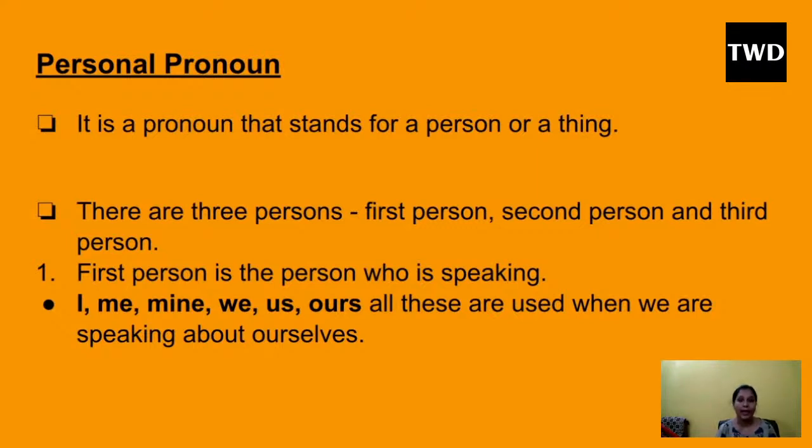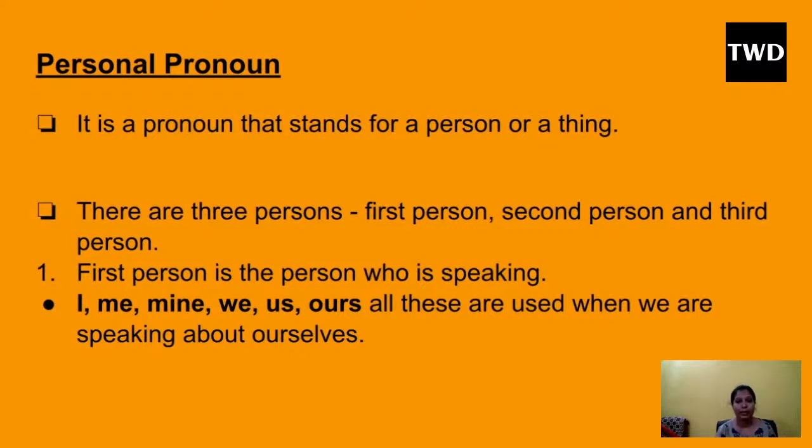Here I am speaking. So, whenever I'm talking about myself, I'll be using words which let you know that I'm speaking about myself. I am speaking. I am taking your class. Can you give a reply to me? Can you reply to me whether you are understanding or not?